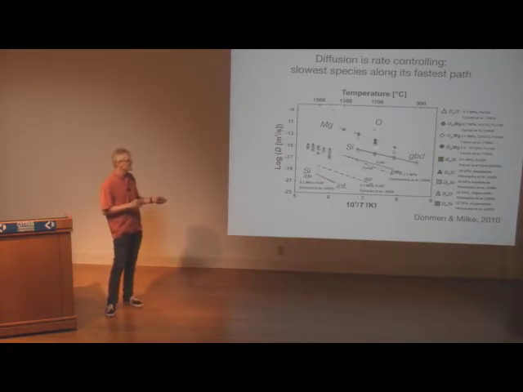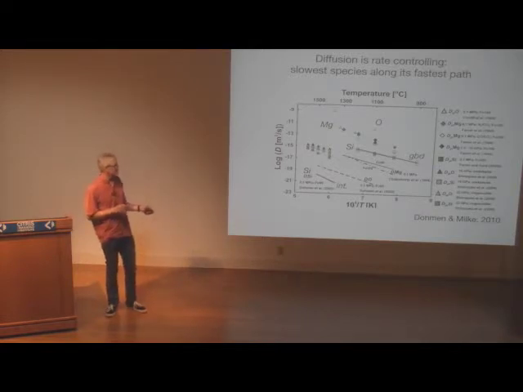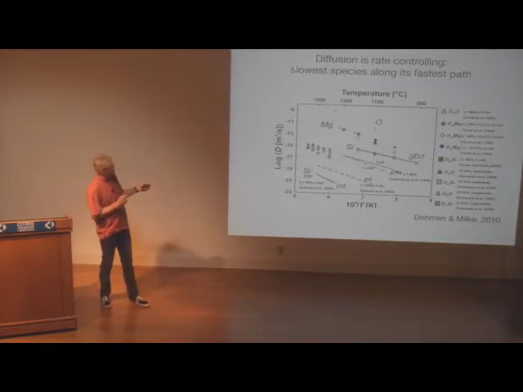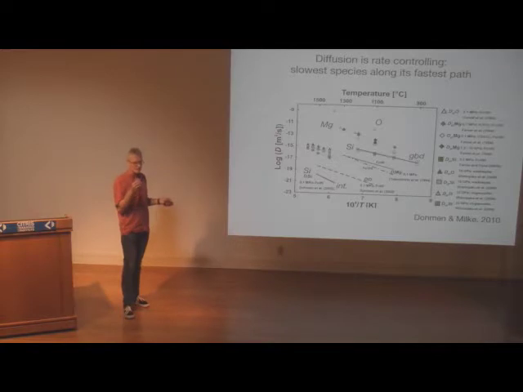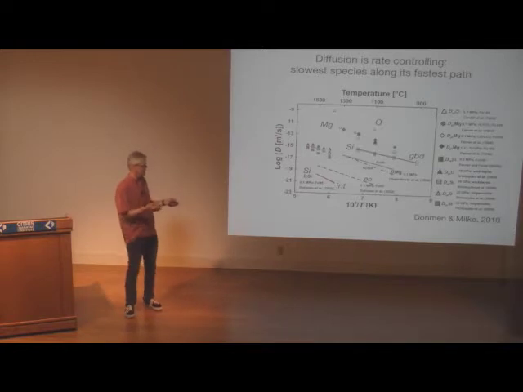And it turns out it's very interesting that oxygen grain boundary diffusion is actually the fastest of the diffusivities, whereas for grain interior, oxygen is slower than magnesium. But for the model of deformation, what limits the strain rate, how fast you can deform olivine at a given temperature, is the diffusion of silicon along grain boundaries.